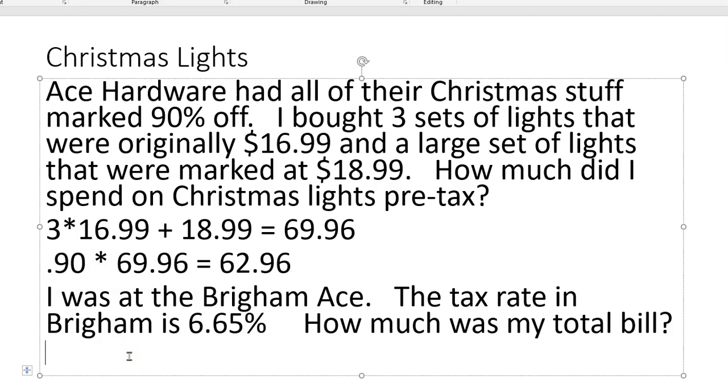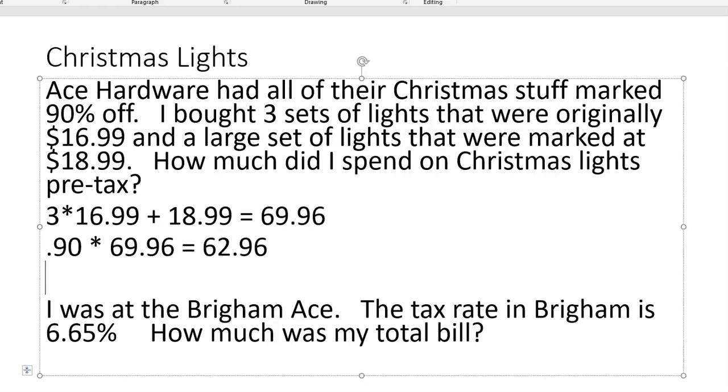Actual spending would be 69.96 minus 62.96, $7. Now, I was at the Brigham Ace, and the tax rate in Brigham is 6.65.